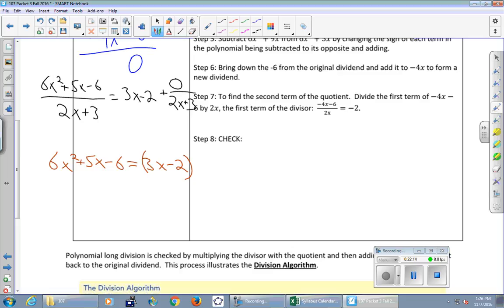Multiplying everything by 2x plus 3. So that guy actually still has the 2x plus 3. Plus 0, and then that denominator disappears. There you go. Okay, 2 ways to say the same thing. So every division problem, you should be able to write those 2 different ways to say the answer.